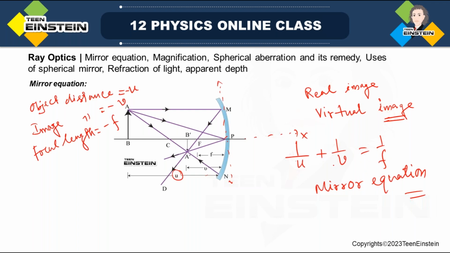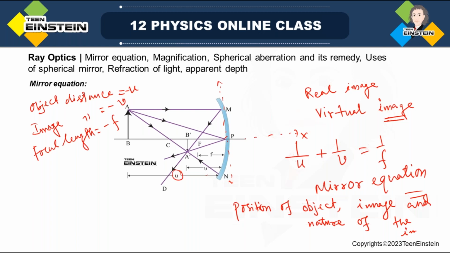By doing a little bit of calculation, we can easily say the position of the image, or if the position of the image is given, we can obtain the position of the object, and the nature of the image. These are the informations we can obtain from this particular equation, the mirror equation.